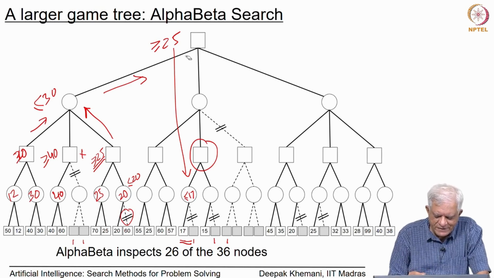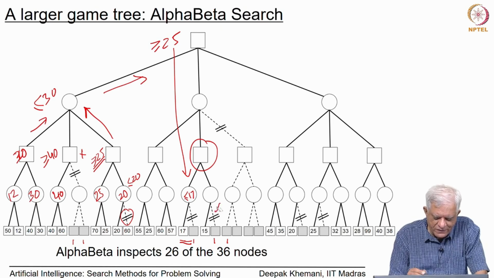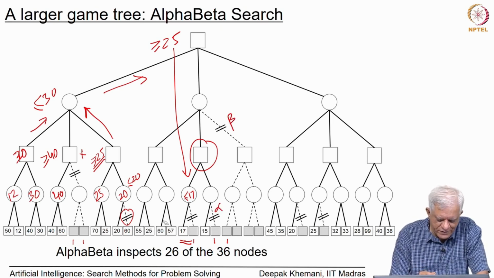So, if you go through this whole exercise, you will see that there are some more cutoffs which are happening here. So, this is an alpha cutoff, and this is a beta cutoff, because beta is getting some value. So, what is that value? Let us see. This is 25 from here, and this is 57 from here. So, this would choose 57. So, this is going to be less than or equal to 57. This one is less than or equal to 17, and the other one is going to be less than or equal to 15.